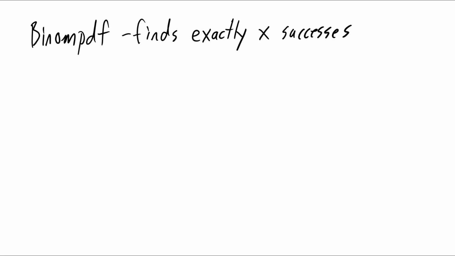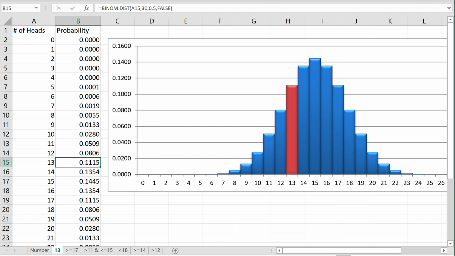Okay, so if we want to find an exact number of successes, which is what we're doing here, we want to find exactly 13 successes. Now, one of the things about the binomial distribution is we always have a probability of success and a probability of failure. Don't let those connotations throw you off. Success does not mean it's a good thing.